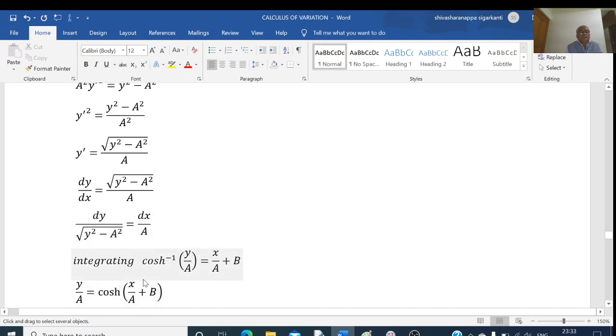Now integrating this, this is in the form of 1 by root of x square minus a square. So its integration is cos h inverse of x by a, here y by a is equal to, on the right hand side, 1 by a into dx integration is x plus b.